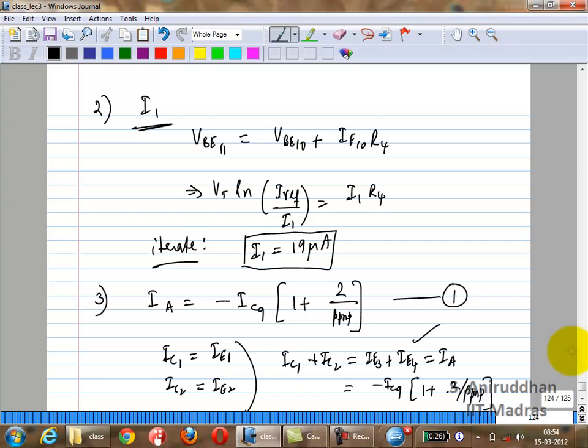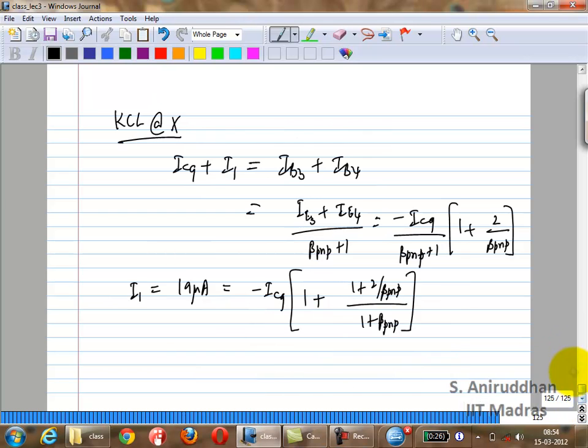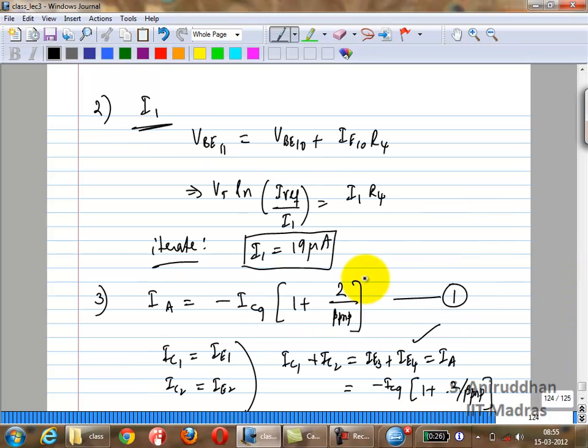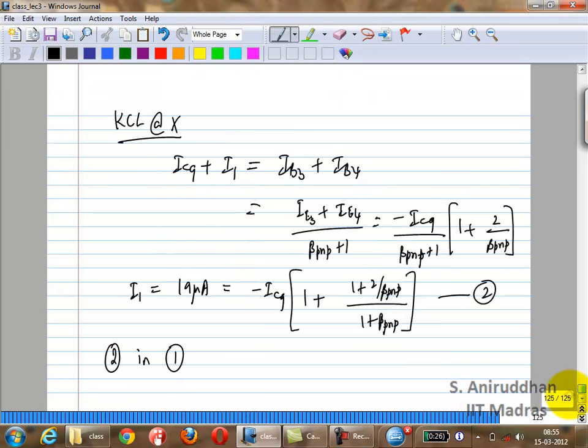IA is, right? So I'll call this 2. I'm going to substitute 2 in 1. I'm going to substitute the expression for IC9 into IA. Okay.